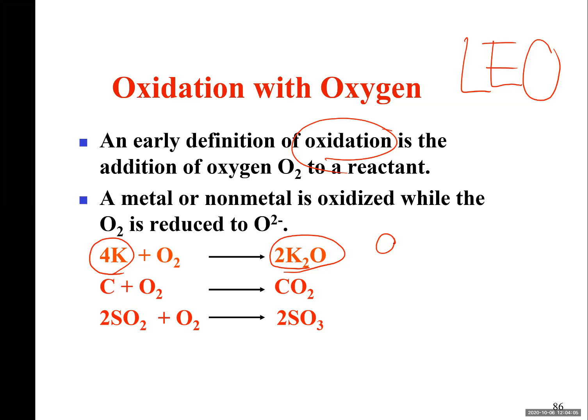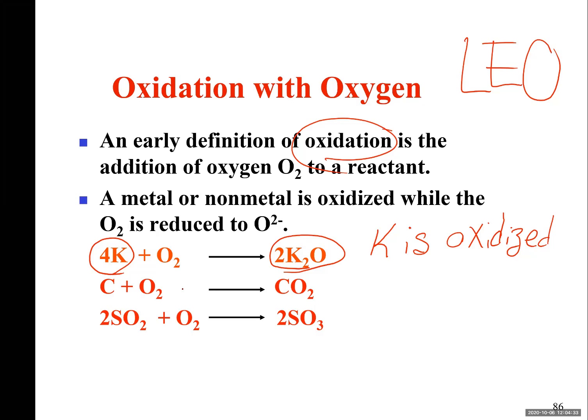So potassium is oxidized. K is oxidized. Why? Because it doesn't have oxygen before, it has oxygen now. So addition of oxygen is defined as oxidation.